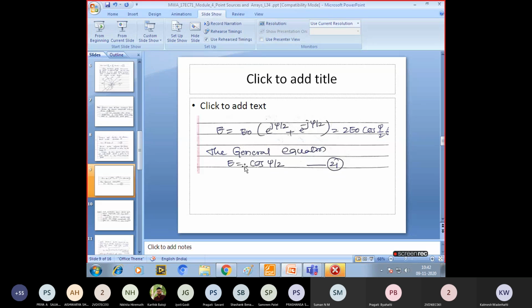We have the general equation E equal to cos of psi by 2, by setting the argument so that 2 E naught equals 1. Psi is what? Actually psi will be dr cos phi plus delta.